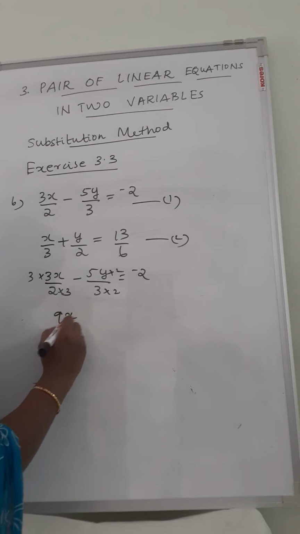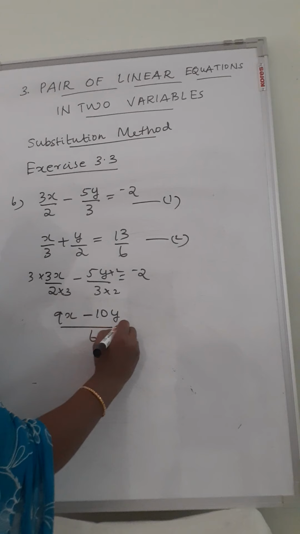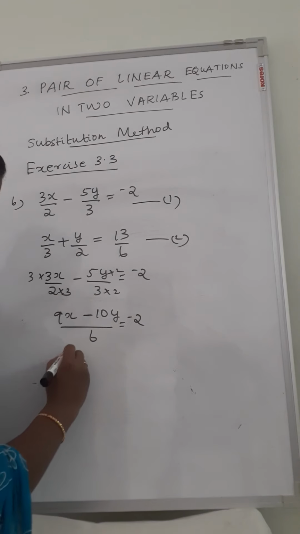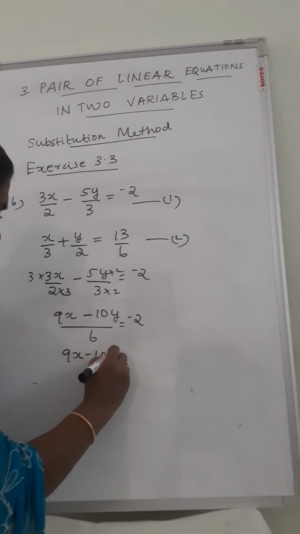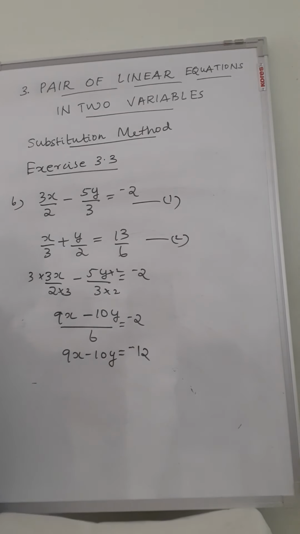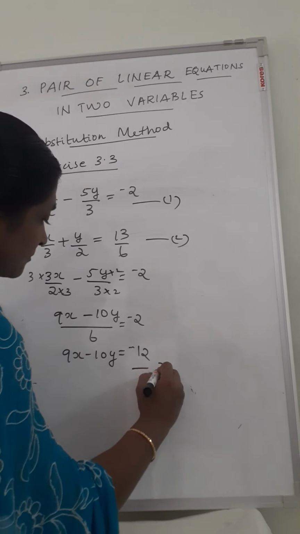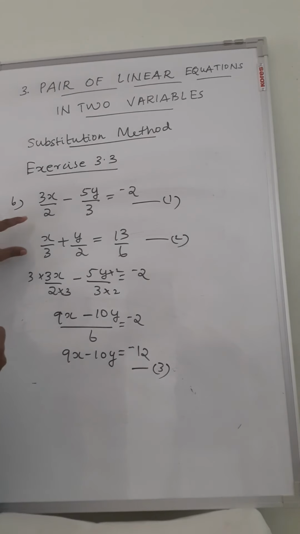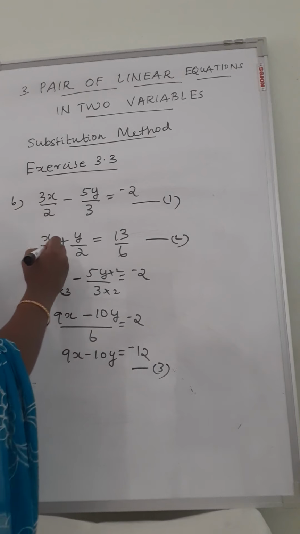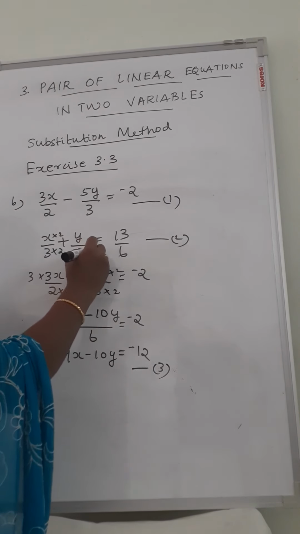9x minus 10y by 6 is equal to minus 2. That is 9x minus 10y is equal to 6 into minus 2, that is minus 12. This is equation number 3. Here also taking 6 as LCM, that is here into 2, here also into 3.